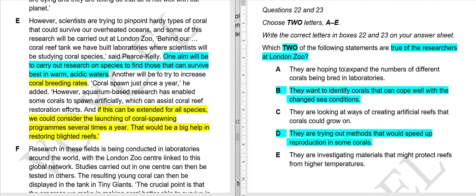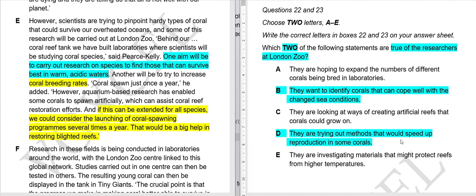Okay, option A: they are not trying to expand, they are just experimenting in their labs on some number of corals. They are looking at ways to create artificial reefs that corals could grow on. No, they are just doing this right now in their aquarium-based research, but if they are successful they will expand to other species and launch coral spawning programs several times.